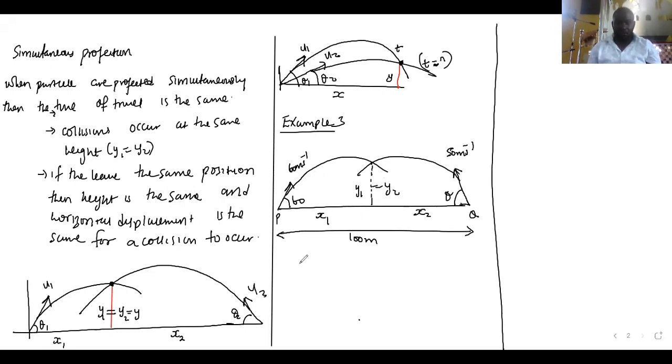Height 2. So if I investigate height 1, it's going to be equal to U1 sine theta 1 times T minus GT squared over 2. There is a T here. They take the same time because it was simultaneous projection, same instant.